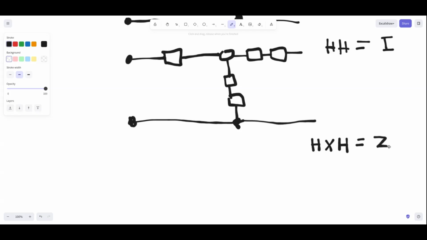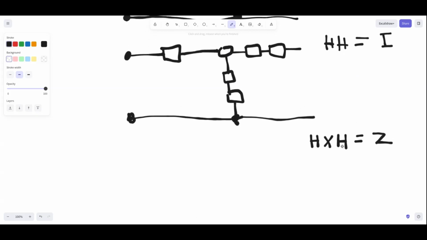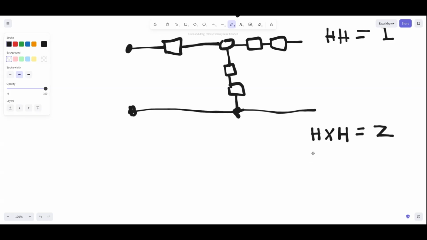Well, here the white gate is a Z gate and the black gate is X gate, but so here we want to transform the white gate, so we just have Hadamard Z gate Hadamard, and it gives you X, and that's, I think, the main power of quantum computing, and that's the main power of ZX calculus. So yes, there is a video of Craig Gidney about that in this YouTube channel.